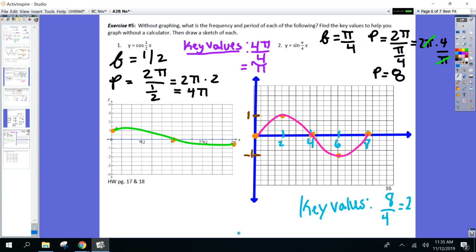Meaning, if I had you do 2 complete cycles up here on this graph, next number would be 10, 12, 14, 16. Okay, so you do 2 cycles there. Questions? All right, let's go. I'm coming around, working with everybody, making sure we're good here.